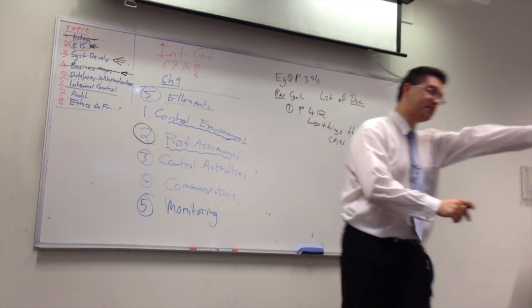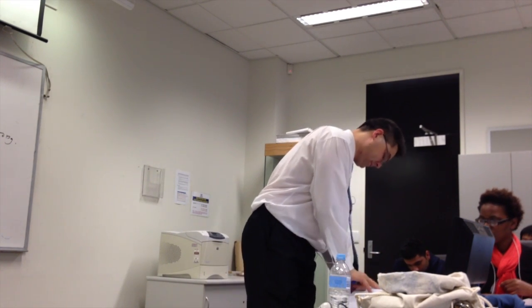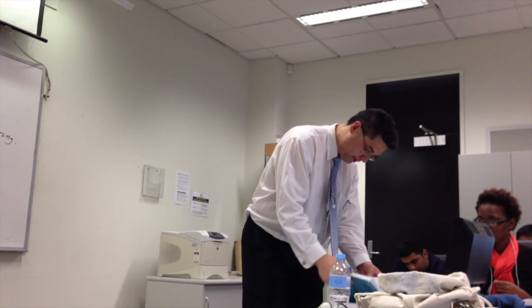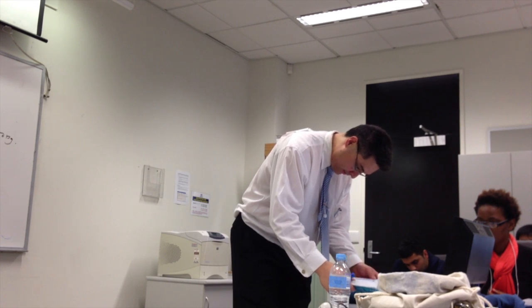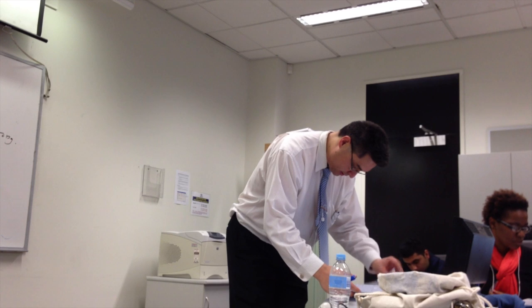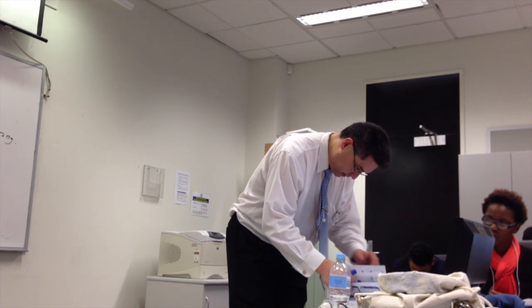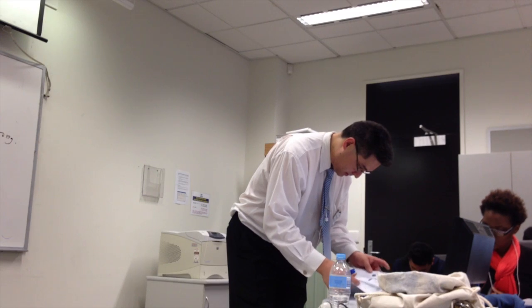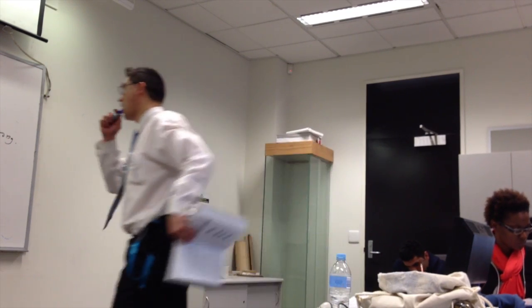That's the red book. Give me a second, I'll find the blue book. In the blue book, the same thing is the revenue cycle, on page 168.